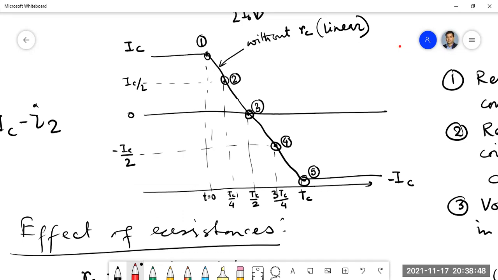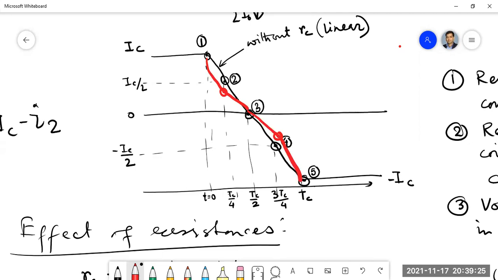Point 2 will come down, and point 4 will go upward, less negative. I am not determining all the points, but again it will pass through 0, but it will show this kind of nature.